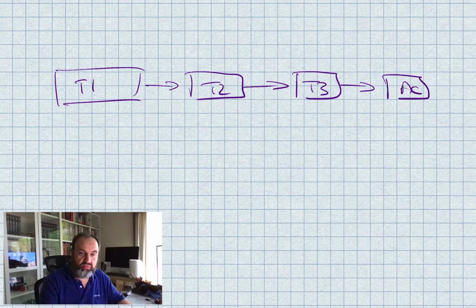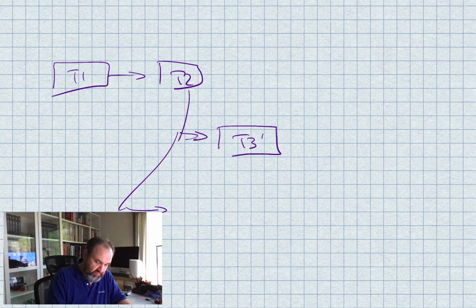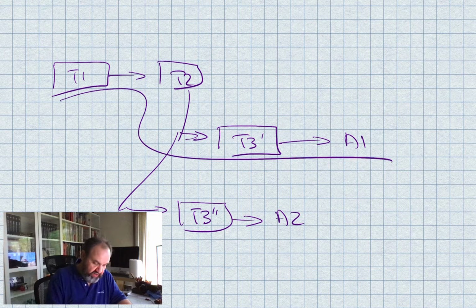What you're trying to do is really about optimizing the result. Let's say you've got T1, T2, you want a result there, and then you're going to fork, like you've got T3 prime and T3 second. You don't want that, when Spark performs the action here and here, Spark to do that once and then a second time.